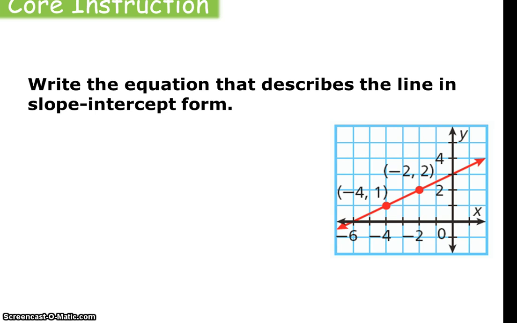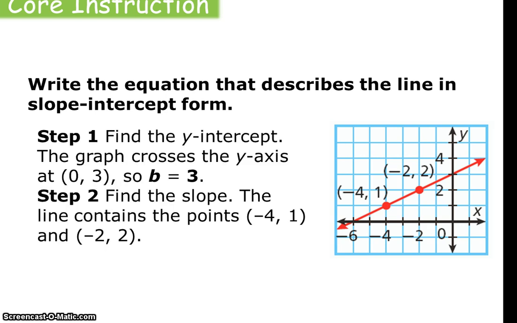So if I gave you a graph, you should be able to write the equation in slope-intercept form as well. I simply would find the y-intercept. In this case, it looks like the line crosses the y-axis at (0, 3). So (0, 3) is the y-intercept.